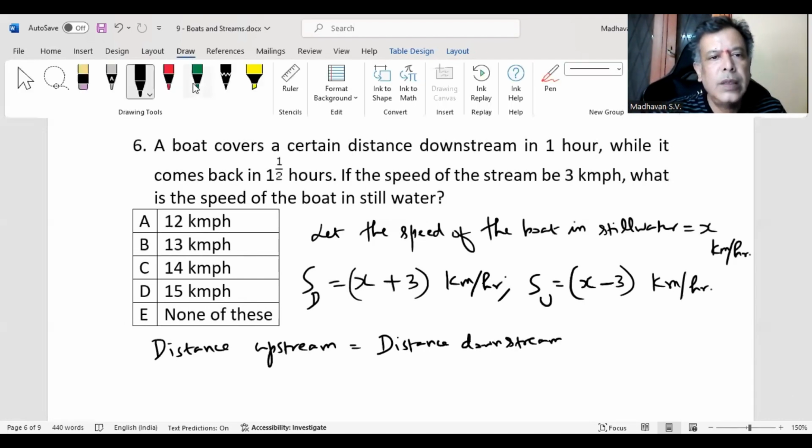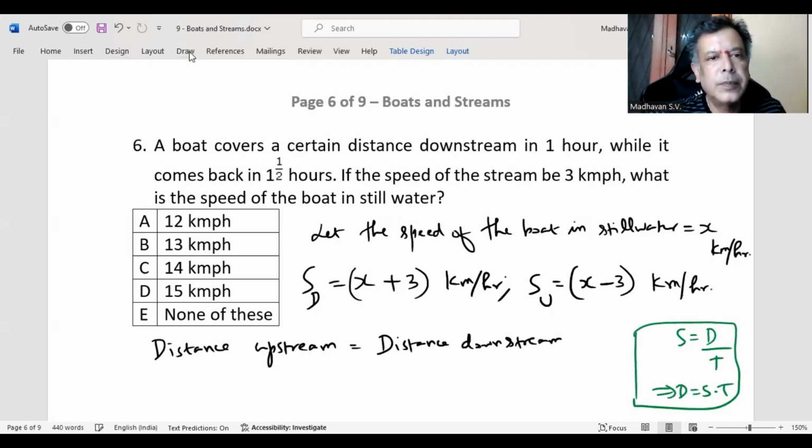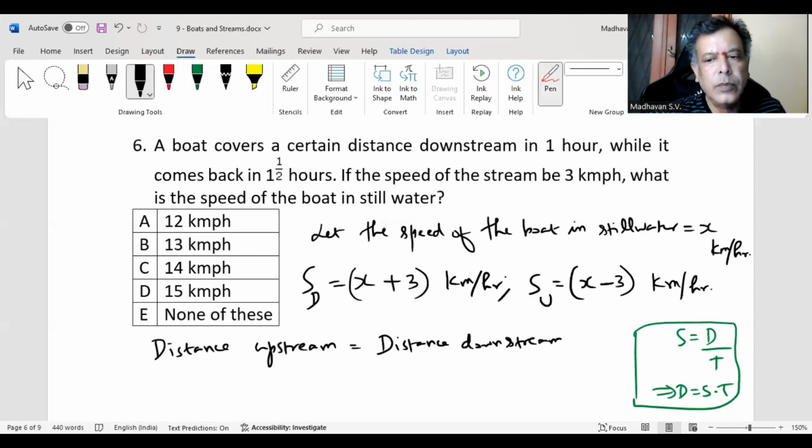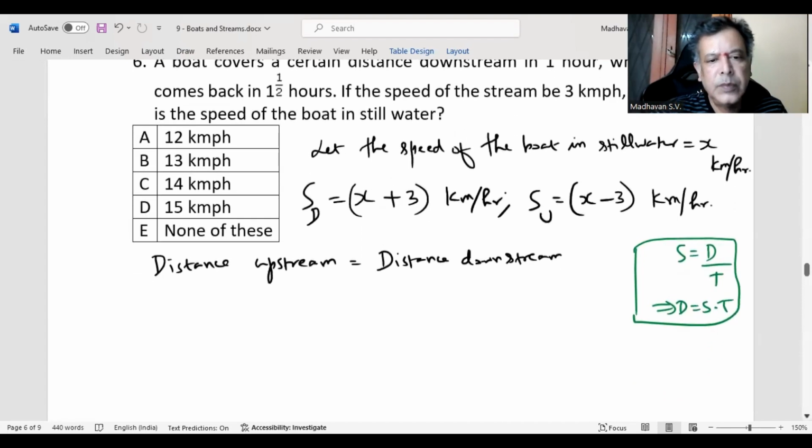Now we know that speed is distance by time, which means distance is speed into time. Using that, let us do this. Distance upstream will be speed upstream multiplied by the time.